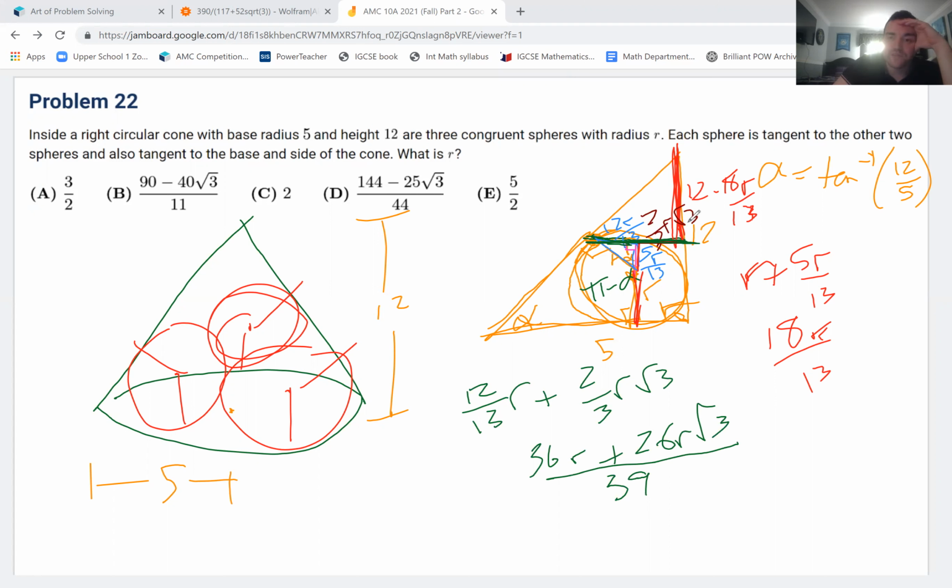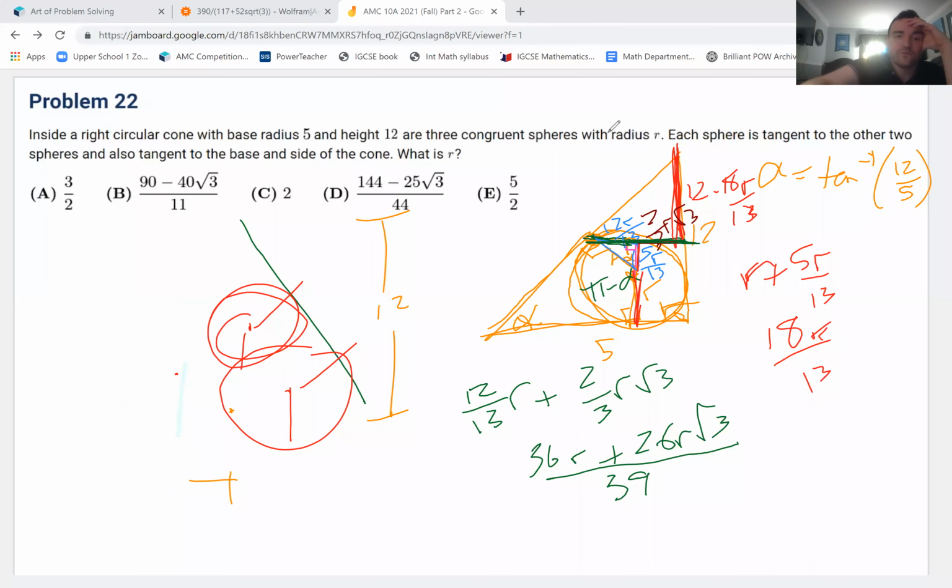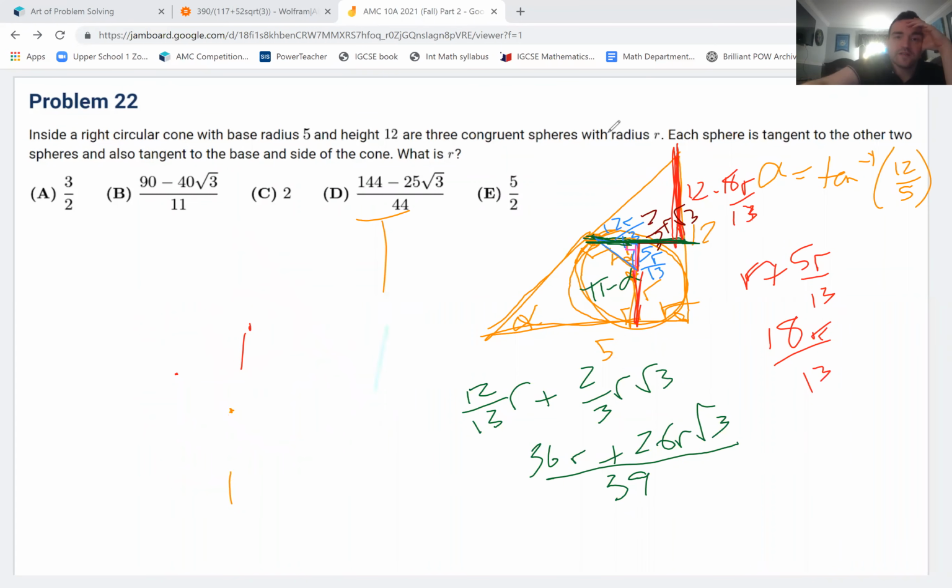So now I'm going to set up two similar triangles, because I know that this triangle here is similar to the big triangle. So I'm going to erase to make some room for myself. This is where we get into some really complicated algebra.